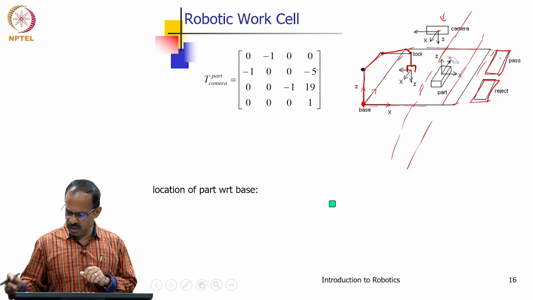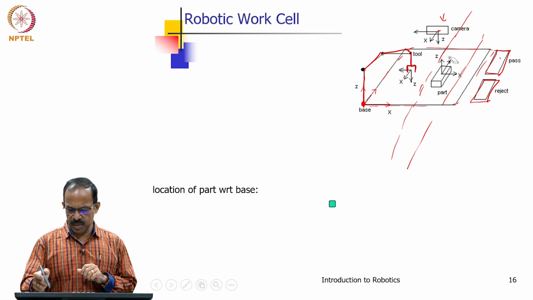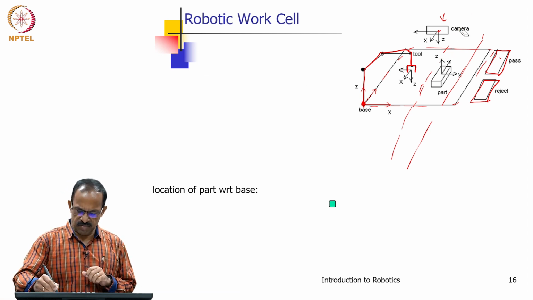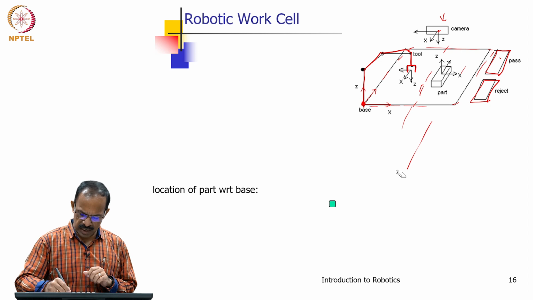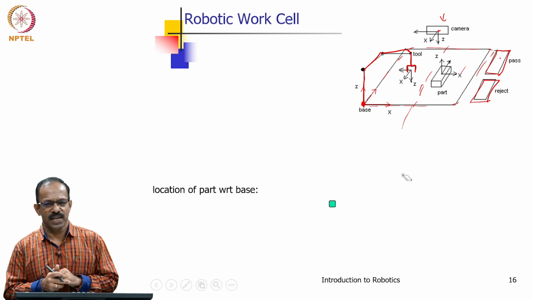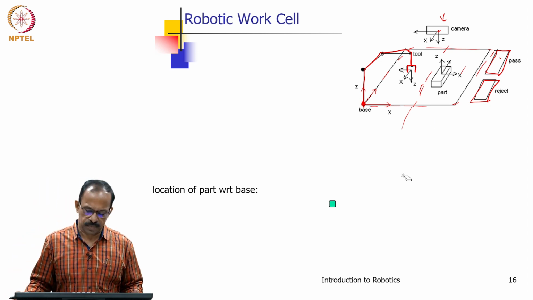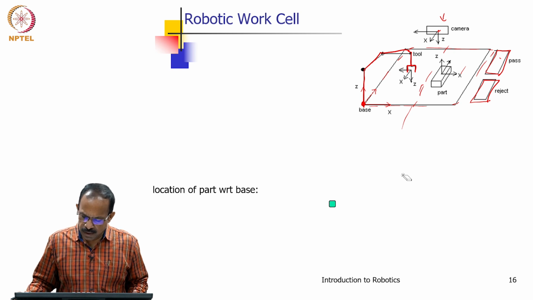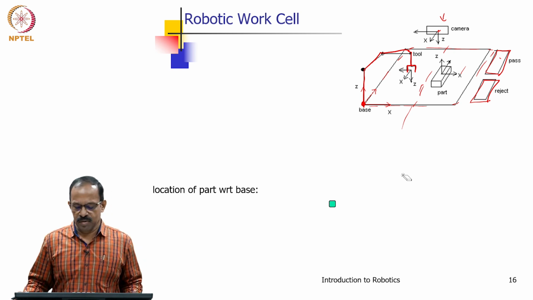If it is not good, it is placed in the reject bin. So, that is the robotic work cell. It's a very simple robotic work cell. Of course, you can have much more complex work cells, but to explain the working of this cell, I am just showing this.